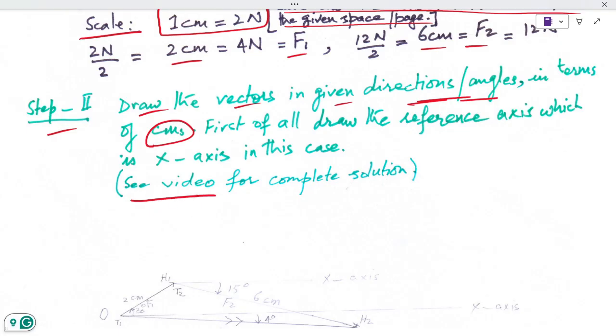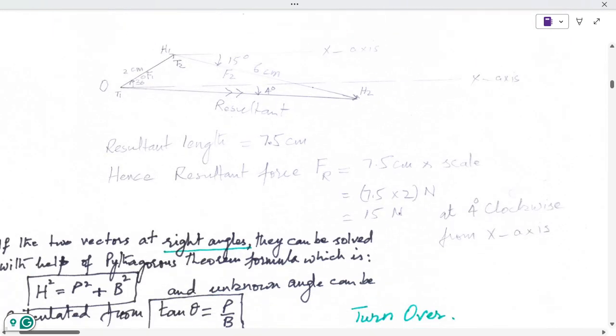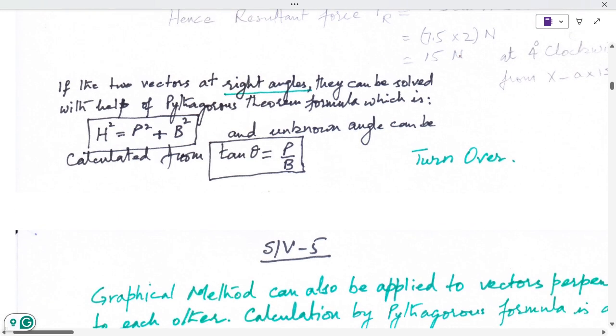resultant force. If the two vectors are at right angle to each other, then they can be solved by the help of Pythagoras theorem. And Pythagoras theorem you have to remember, that is hypotenuse square is equal to perpendicular square plus base square.